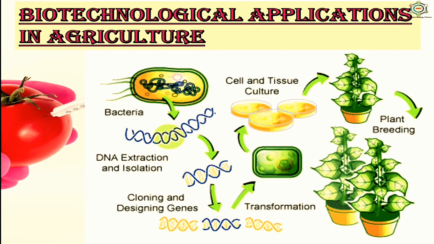Now, after this, what are the biotechnological applications in agriculture? Conventional methods of crop improvement, such as selection, hybridization, and protoplast fusion, involve the whole genome of plants.